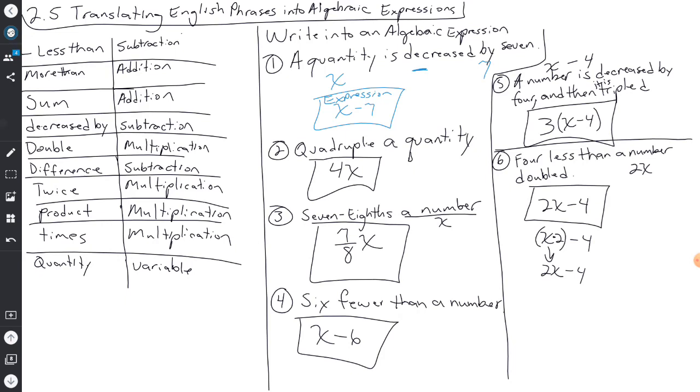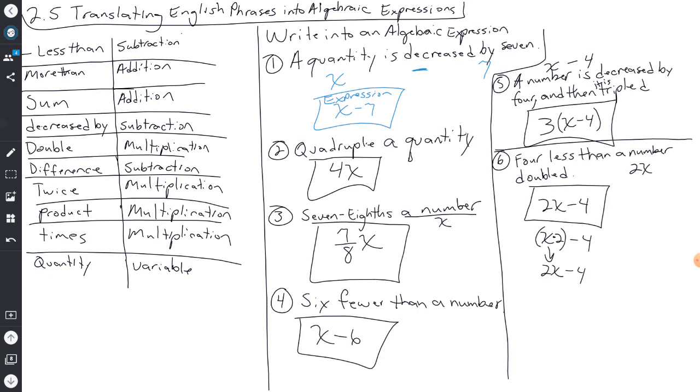Up here? Well, it says a number is decreased by 4 and then it is tripled. Right. So we're looking at the number decreased by 4. So x is the number decreased by 4. So this is one thing here.